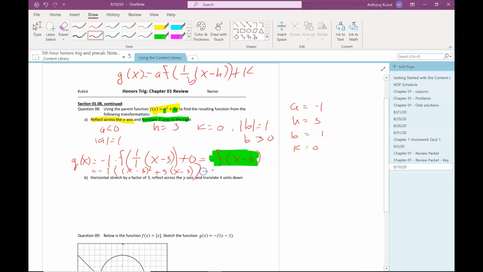So I have -1 times x squared minus 6x plus 9 plus 3x minus 9. And then if I combine like terms and distribute the negative, what do we have? Negative x squared plus 3x, and then the 9s cancel out. So this would be your final answer, I think.